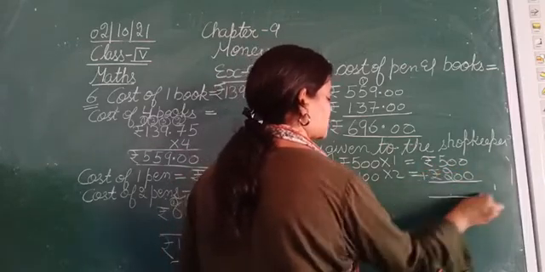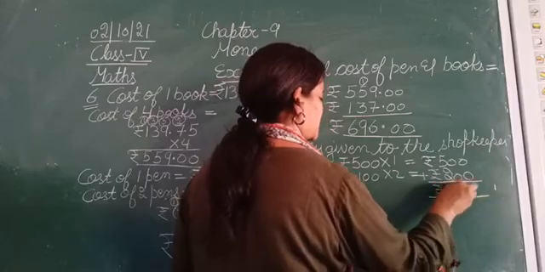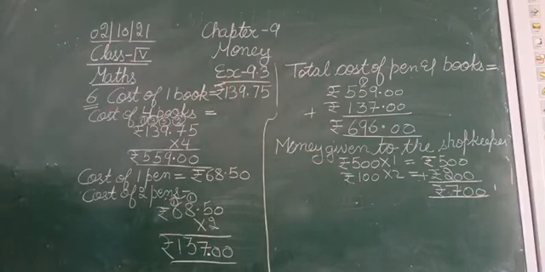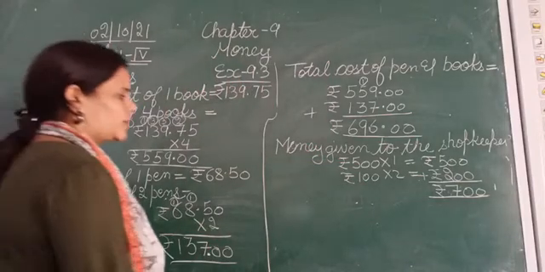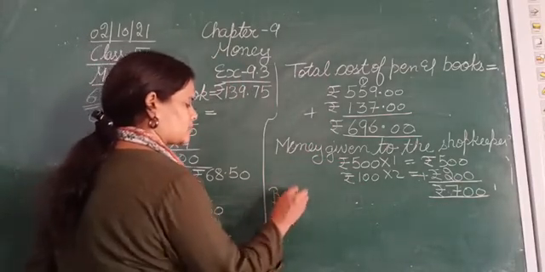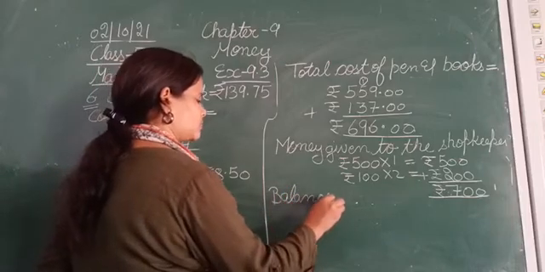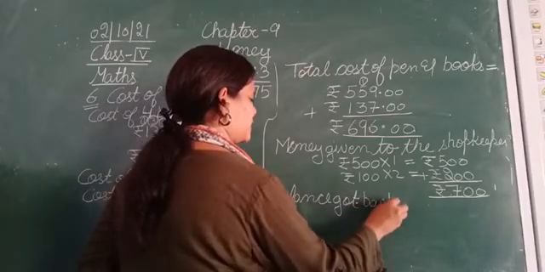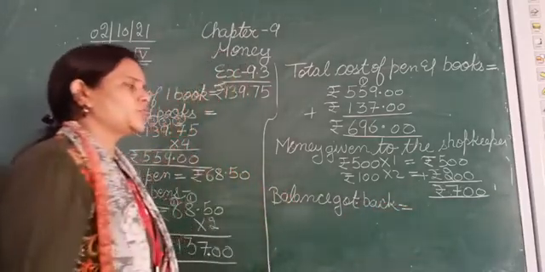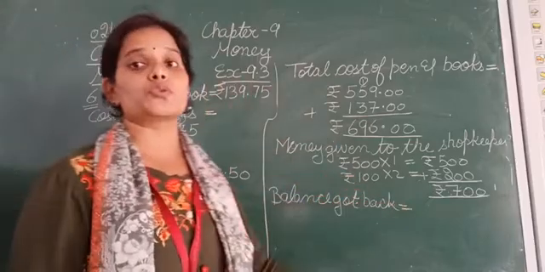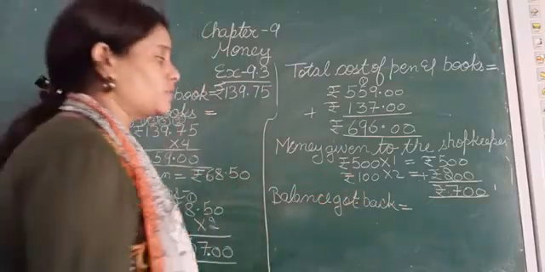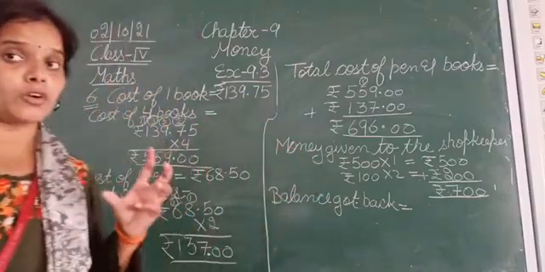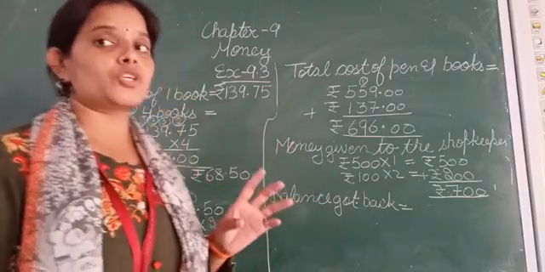The total amount is 700 rupees. So the money given to the shopkeeper is 700 rupees, and we need to calculate the balance she got back. For that, we will subtract the total cost of pens and books from the amount given to the shopkeeper.